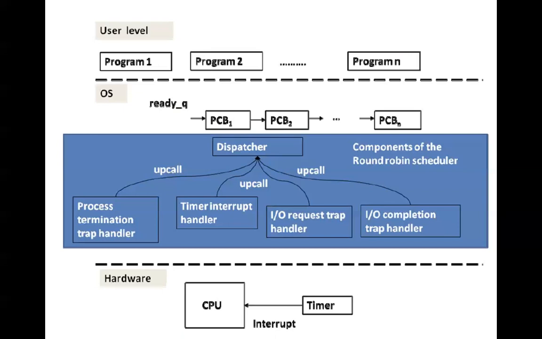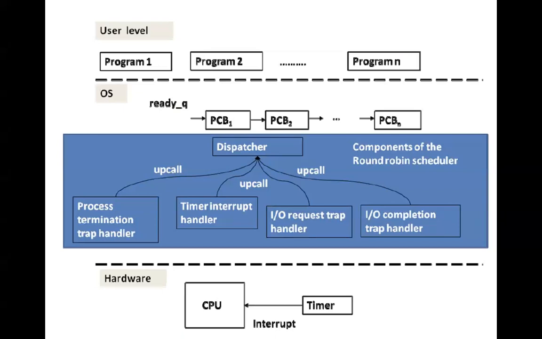And so this handler needs to be able to ensure that it can save the appropriate context of the program executing. And so the handoff needs to occur with what is referred to as an up call.